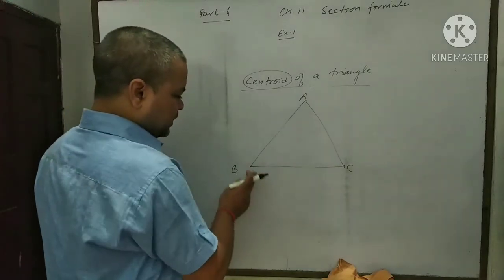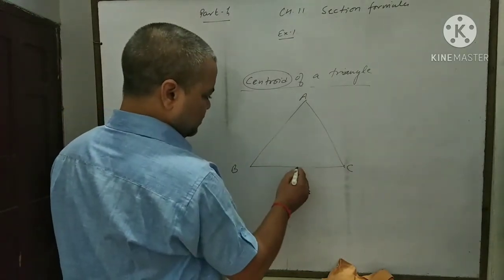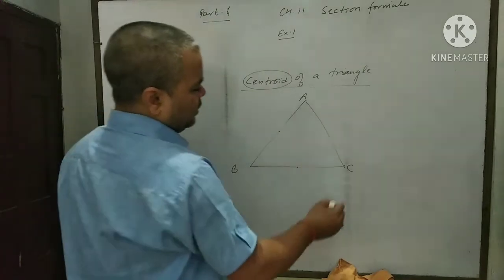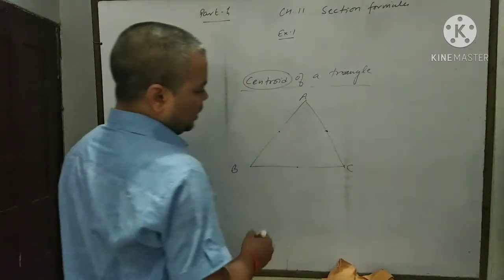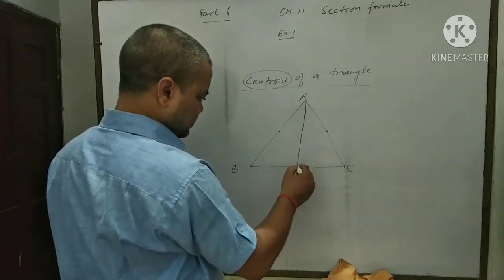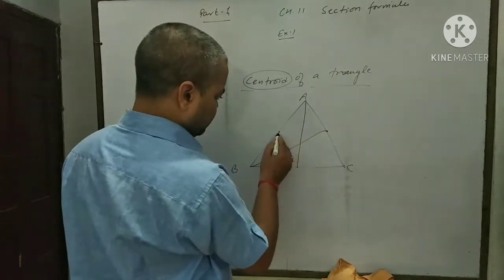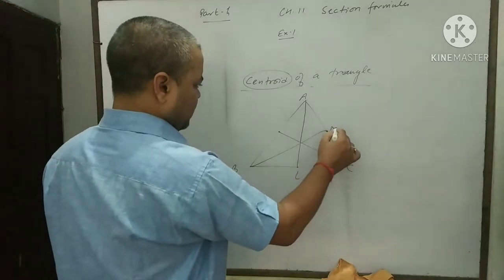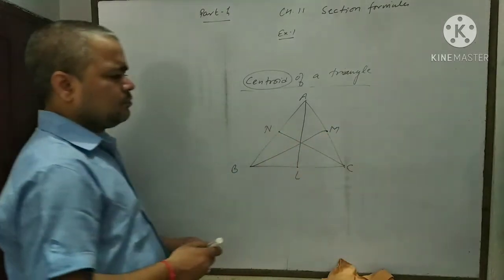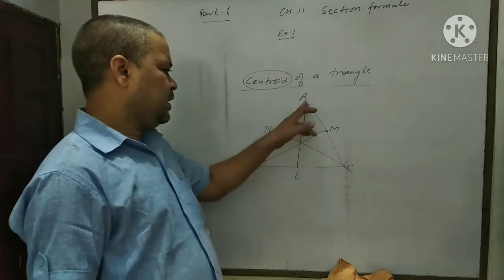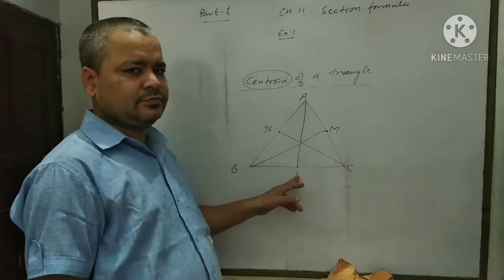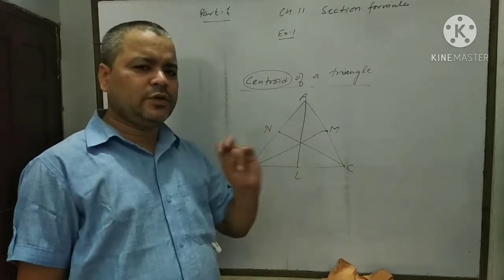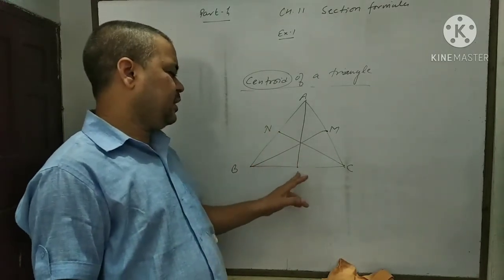If we take the midpoint of BC, the midpoint of AB, and the midpoint of AC, and we join them, let these points be L, M and N. Here AL is the median, which divides the line segment BC into two equal parts, BL and LC.